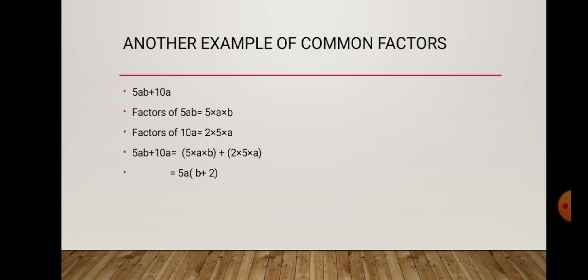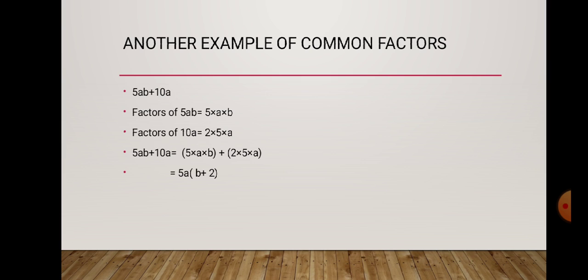Another example of common factors. Here we are using two fundamental operations of mathematics, multiplication and addition both. For that, let us see 5ab plus 10a. Factors of 5ab are 5 multiplied by a multiplied by b. Factors of 10a are 2 multiplied by 5 multiplied by a. We can write their factors also. What is common in both terms?